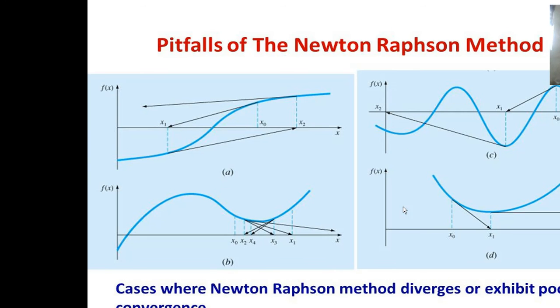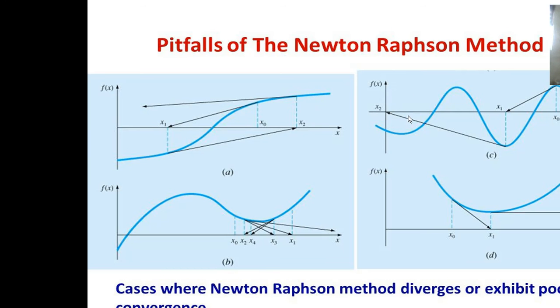And the last case, which is shown here, is called zero slope. As we indicated, I skipped this point. The third case is near zero slope. So when we start with the x0 point, the slope of this line is very close to zero. So that line would be almost parallel to the x-axis, and so it will go far away from the starting value.